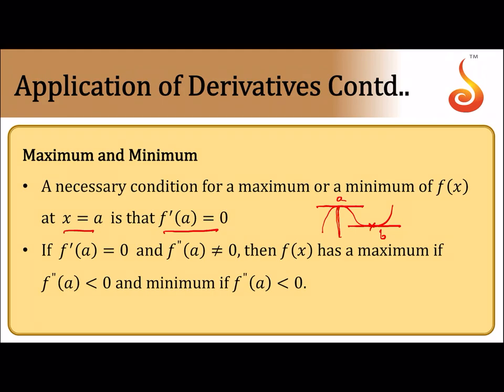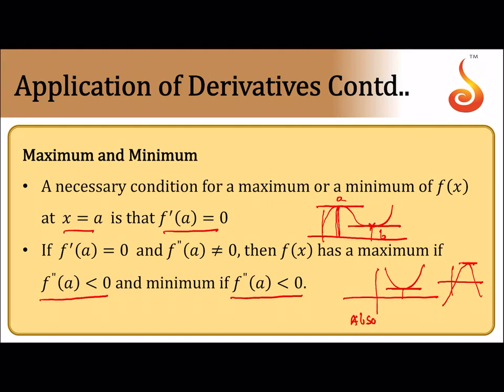Maxima minima: a necessary condition for maxima minima is that at x equal to a, f dash a is equal to 0. Suppose I draw like this, f dash a equal to 0. These are called local maxima and local minima in this interval. f double dash a will be less than 0 for maxima, and f double dash a is greater than 0 for minima.